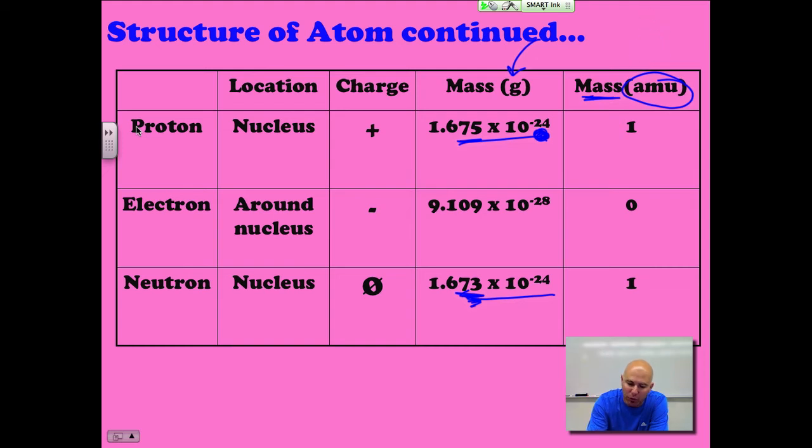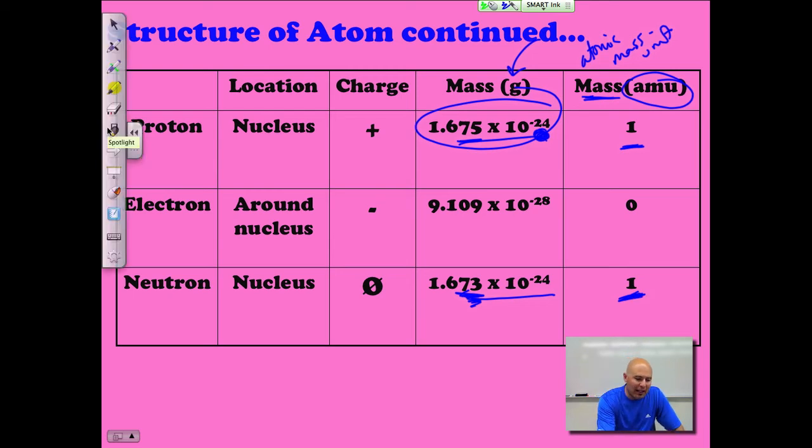AMU stands for atomic mass unit. It's a made up mass, not something we can measure directly, but it describes the mass of a proton. Notice that in AMUs, the protons and neutrons are the same.